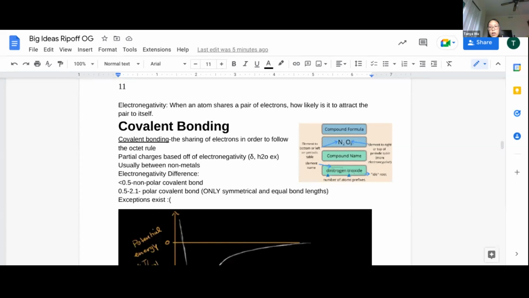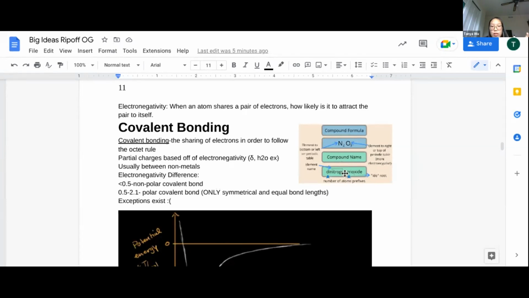And then you take the element that's to the right or to the top of the periodic table, and that's the next one in the compound. So in the compound, you have those in order.